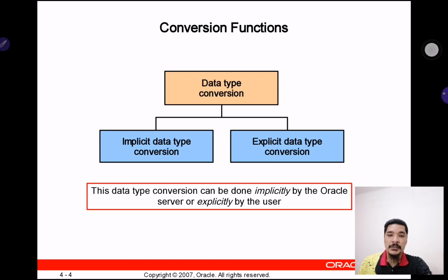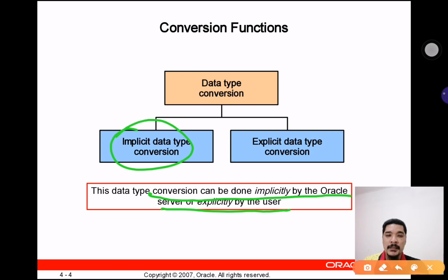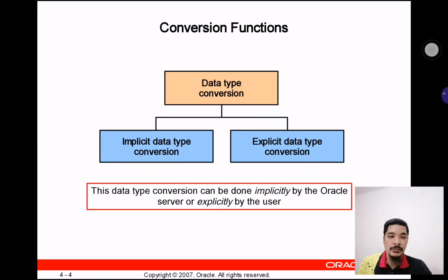These data type conversions can be done implicitly by the Oracle server, or explicitly by the user. Implicit data conversion is done by Oracle, then explicit data type conversion is done by the user. So there are two types of conversion.